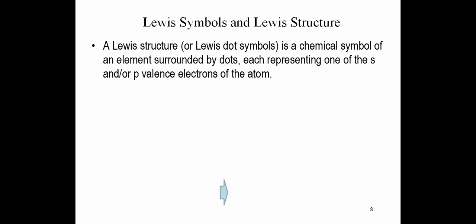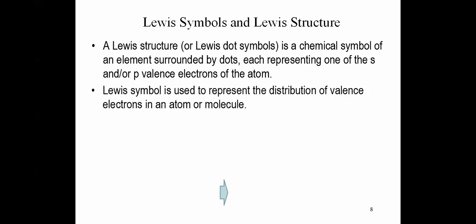These are the ones we're interested in for the Lewis structure. We shall not show those on the inside. So the key here is that they are valence electrons. It is used to represent the distribution of valence electrons in an atom or a molecule. So if you are asked to draw the Lewis structure of a certain atom, only show the valence electrons. Remember, only show the valence electrons for Lewis structures.